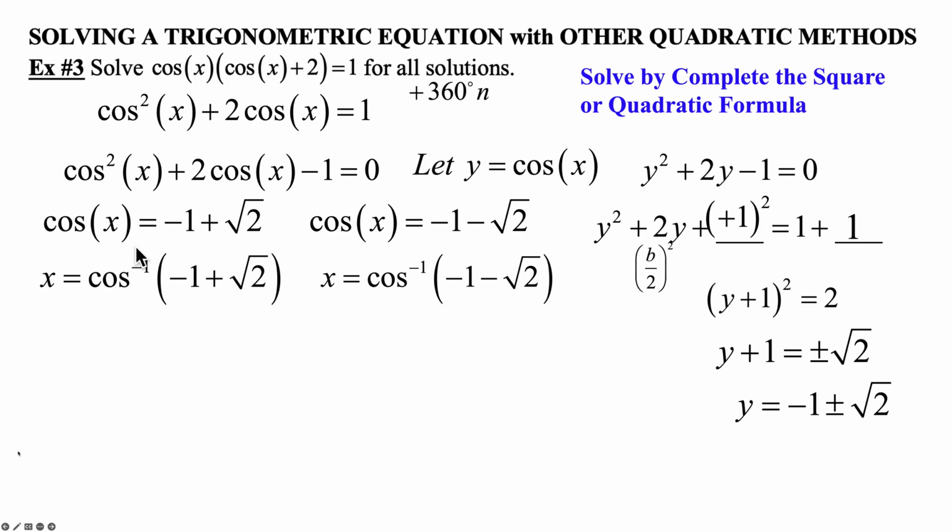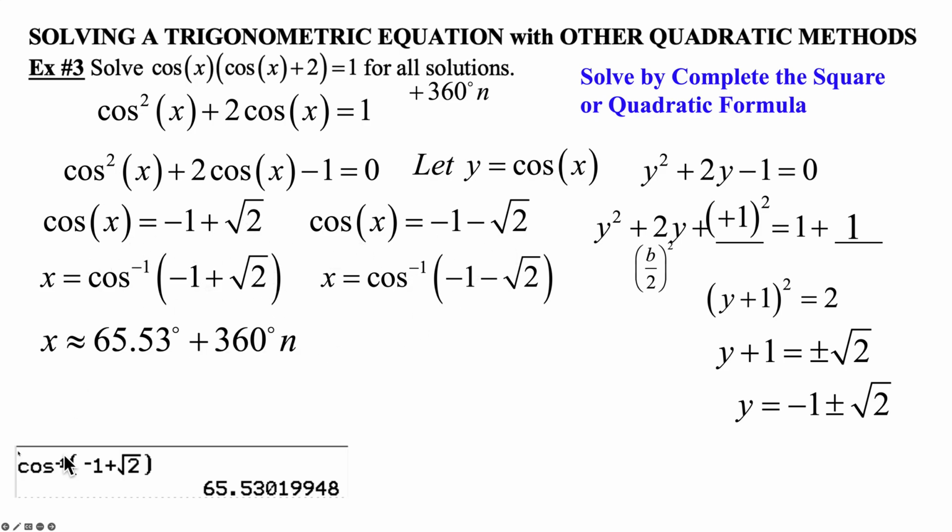So I'm going to take the inverse cosine of both sides and go to the calculator. So the inverse cosine of -1 plus square root of 2 comes out to be 65.53 degrees. Okay, put the plus 360 n on it. We try this one, inverse cosine here, you get an error message. So this answer does not exist. We're not going to try to force anything.